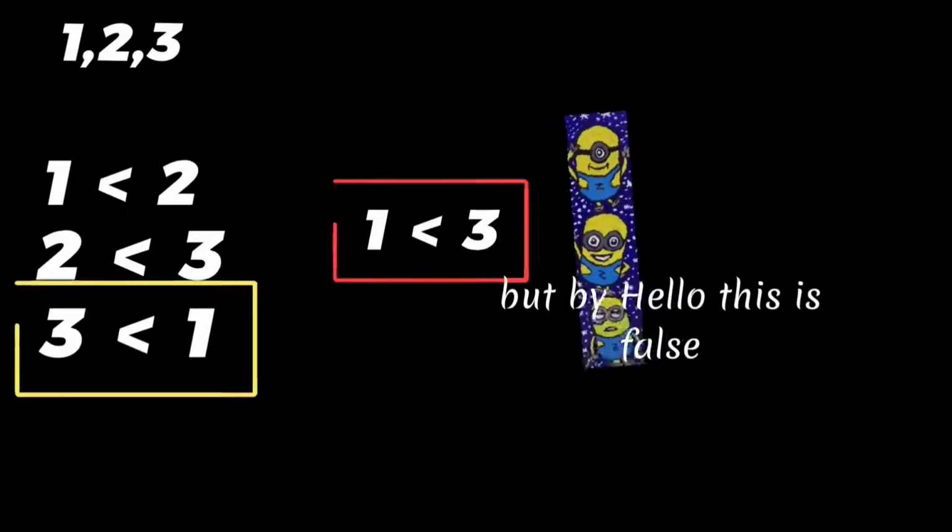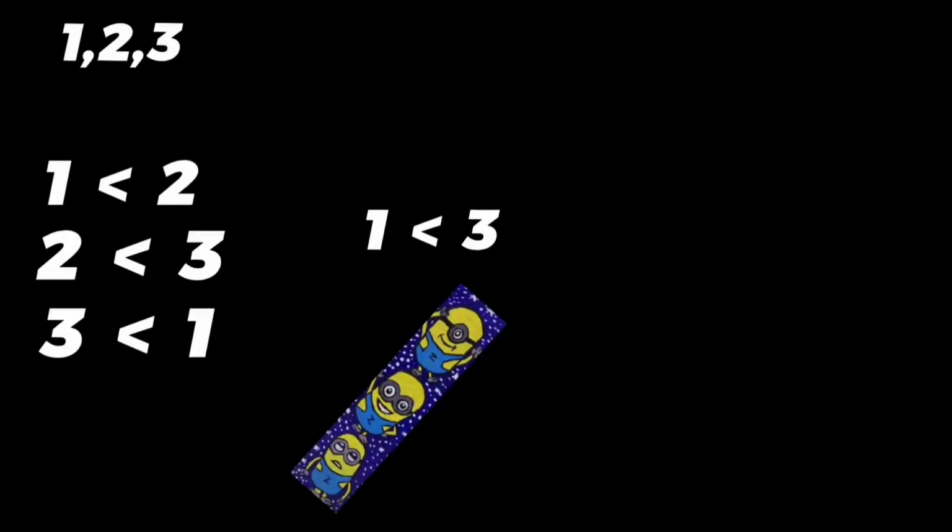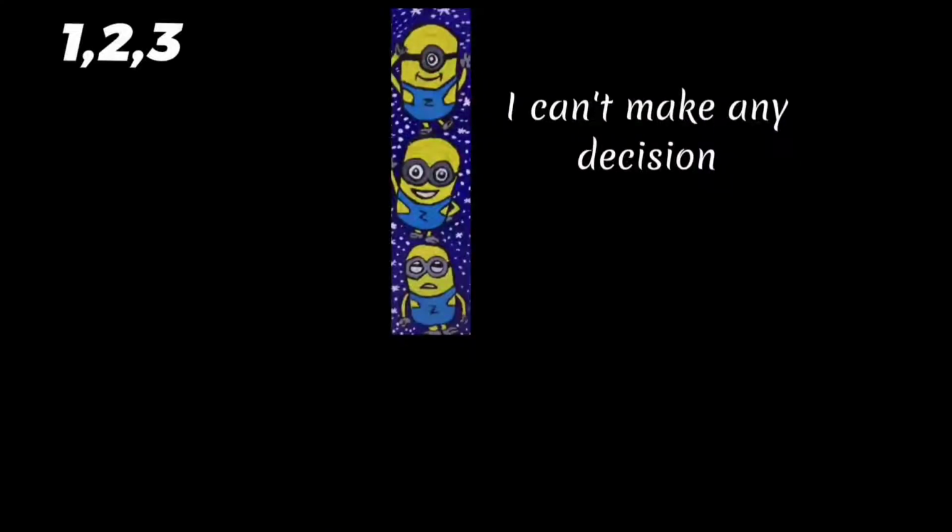But by hello, this is false. So the knowledge we get here is, the relations we defined earlier are good. But this is not well defined for meow relation. These are called not well defined.